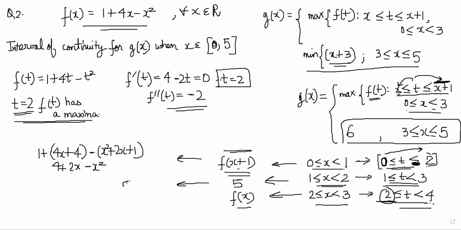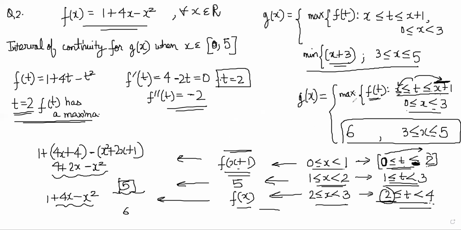And it is 5 in this range, and it is simply the function itself, 1 plus 4x minus x square in this range, right? Okay, yeah. This is your g of x that is coming, right? Yeah. g of x, and 6 when it is beyond 3 to 5, right? Correct.